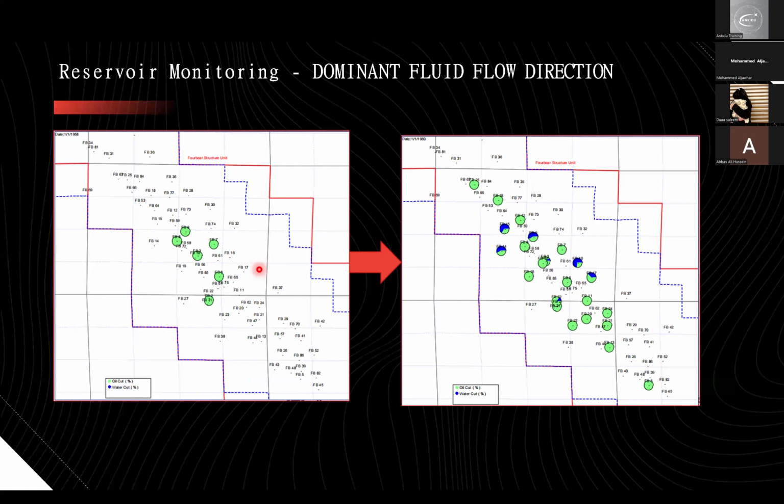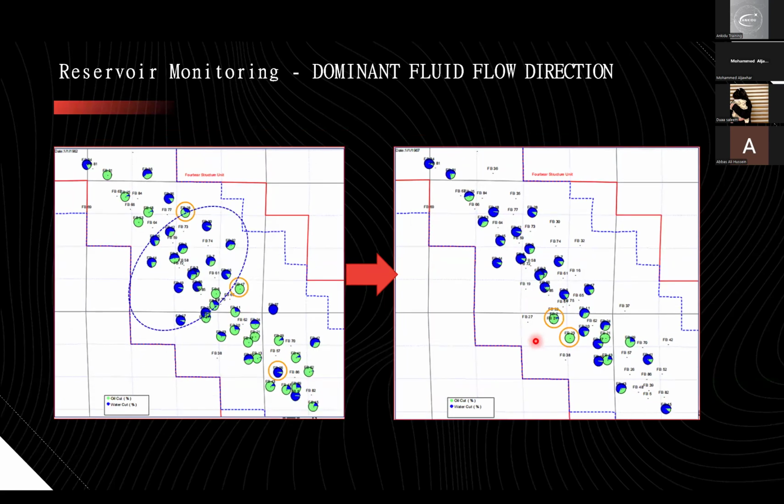So let's see this in another example. When you have production starting from those wells, and then some years afterwards there's a water breakthrough from some wells, the others start producing with good performance. And as you keep producing, those wells are almost flooded, and the other wells start flooding, having some water cuts.